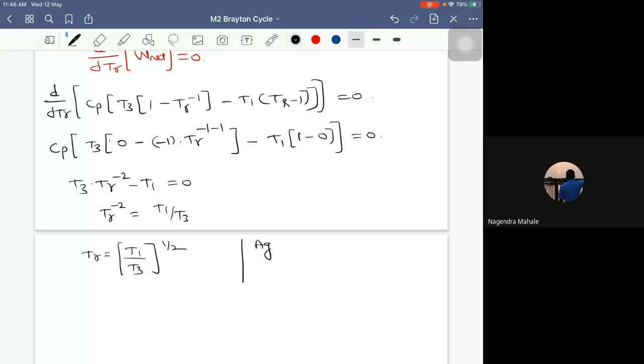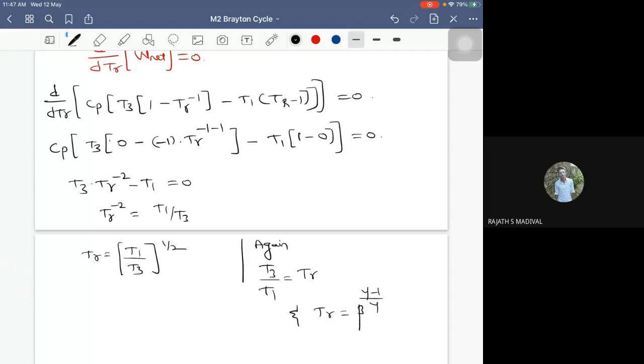Look here, again what happens? T3 by T1 is nothing but your TR, right? Correct? Yes. And in the last class I said TR is equal to beta to the power of gamma minus 1 by gamma. Correct?